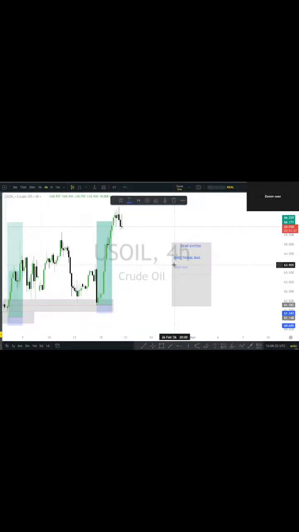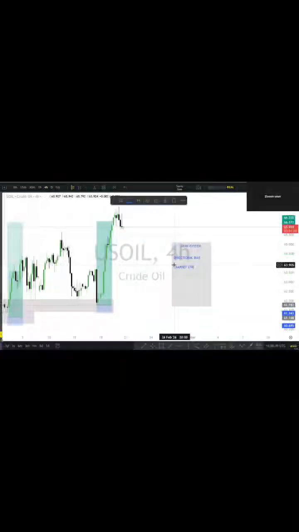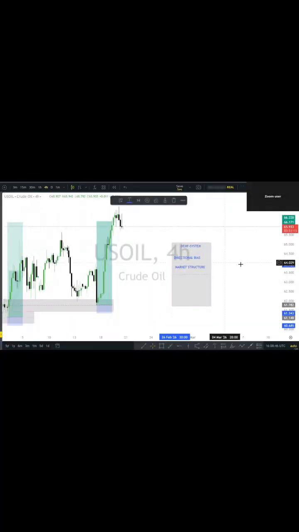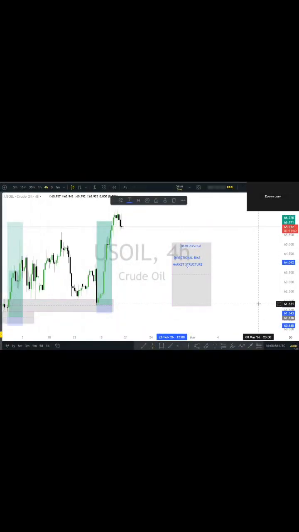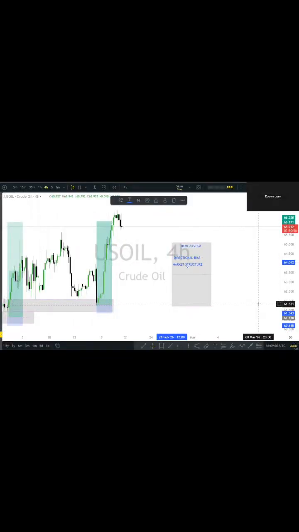You can also call it market structure. This will tell you what the market is doing and when to enter trades. That is for market structure.